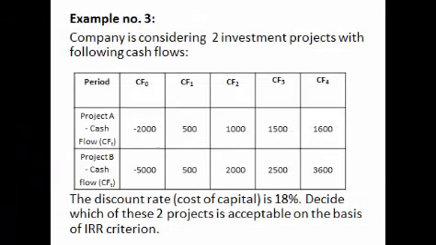Example number 3. Companies considering two investment projects, Project A and Project B, with following cash flows over 4 periods. The discount rate, cost of capital, is 18%. Decide which of these two projects is acceptable on the basis of IRR criterion.